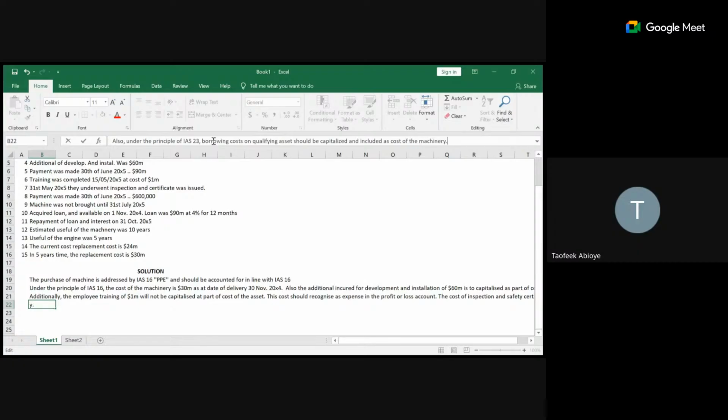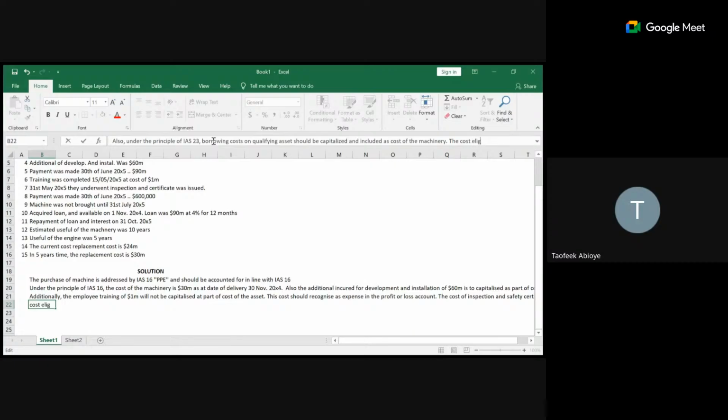Now we have made mention of the requirement of the standard, right? The standard also says when the costs are eligible for capitalization.